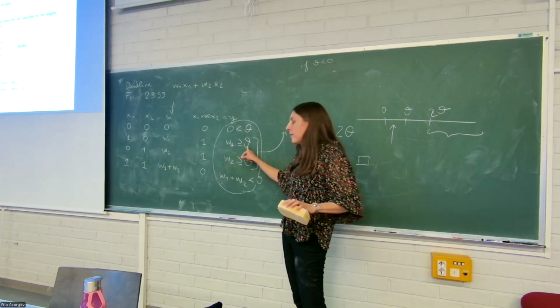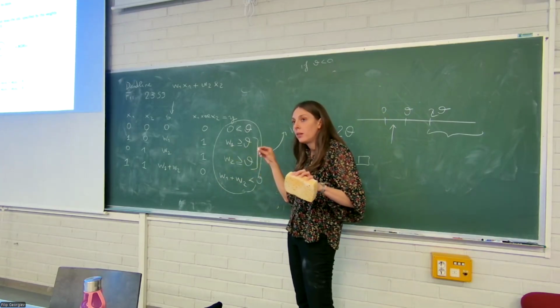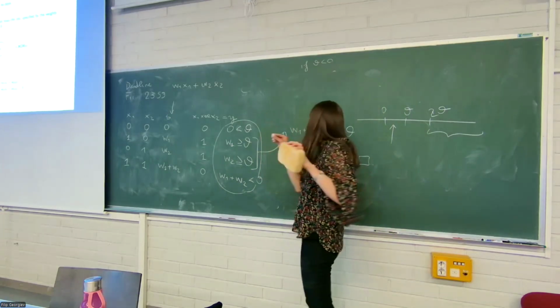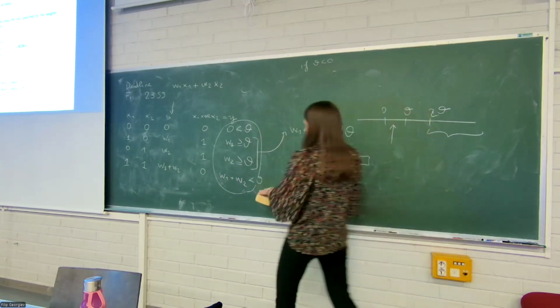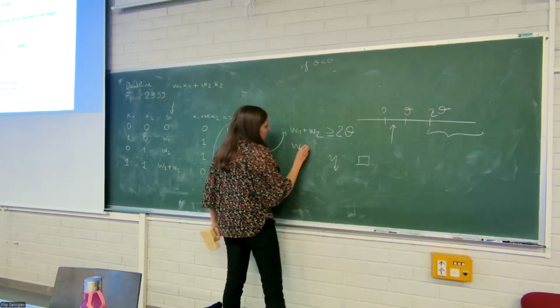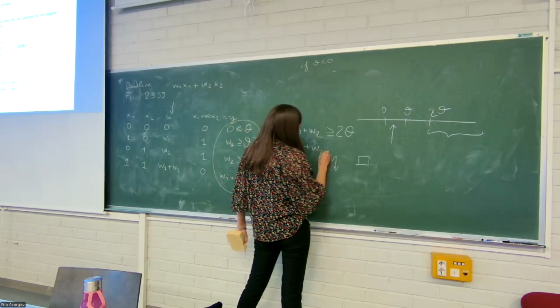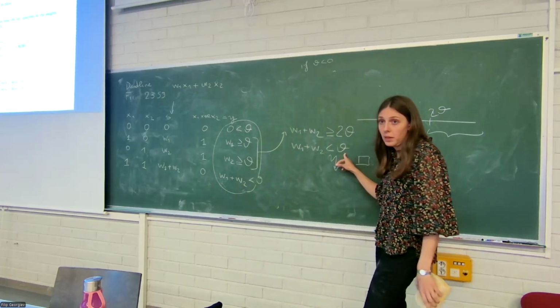If both of them are greater than theta, the sum would be greater than 2 theta, because each of them is greater than theta. But this condition tells me that the sum is also smaller than theta.